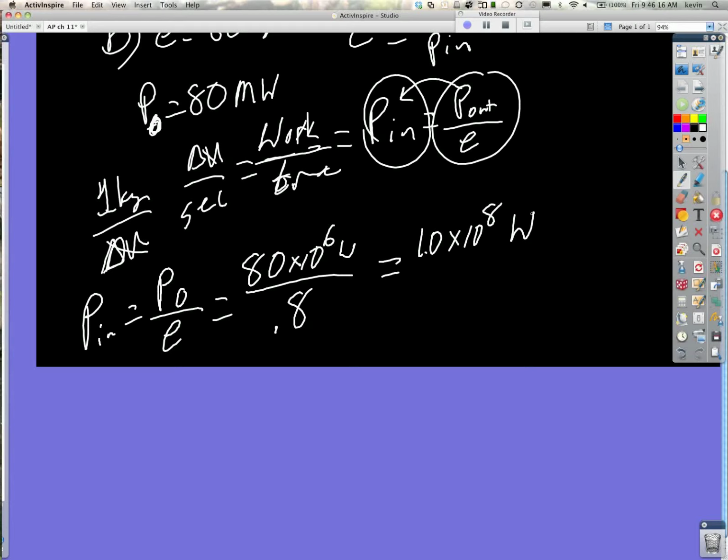times 10 to the, is it still the same thing? 10 to the 8th, right? Because 50 is 5 times 10 to the 6th. Yeah, but then, because it's divided, that's 8 over 10. So it becomes 5 times 10 to the 8th divided by 8. Isn't it divided by 7? It's already 50 times 10 to the 6th, right? Yeah. So that becomes 5 to the 7.